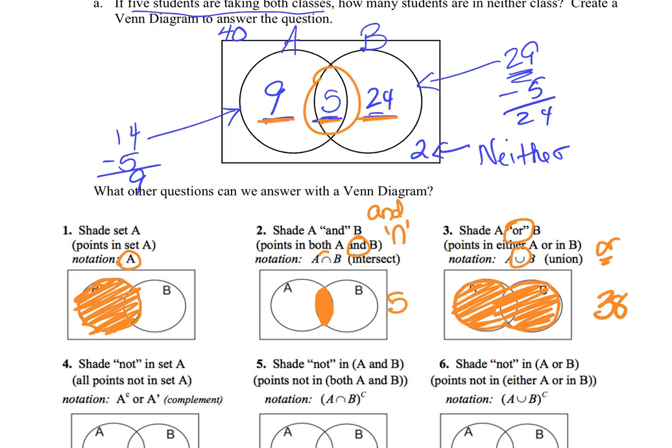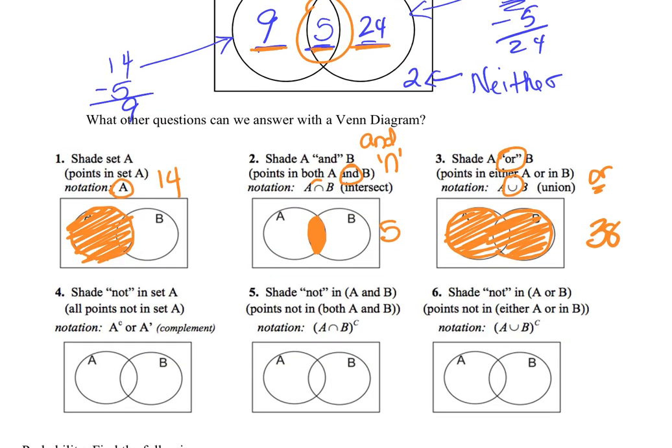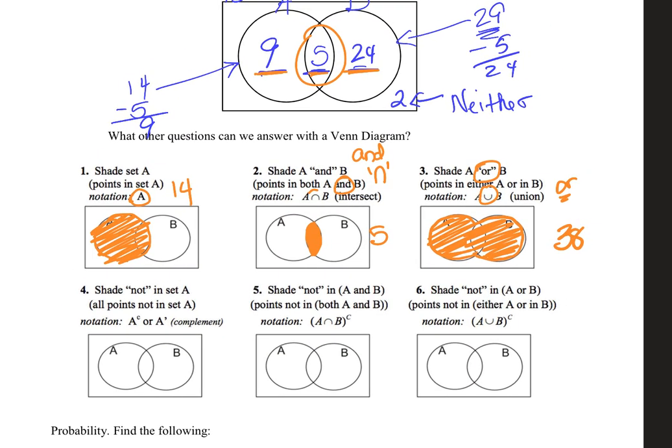Just the A is 14. So we're just looking at this particular situation. Now, not in set A. This is set A. It's everything that's not in A. So it's all these here.